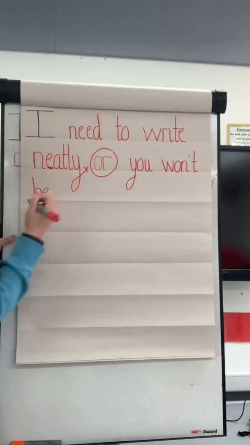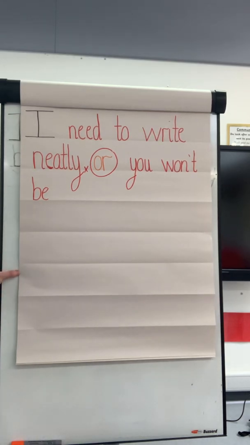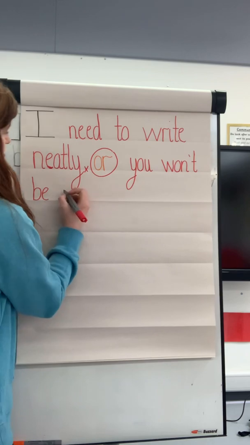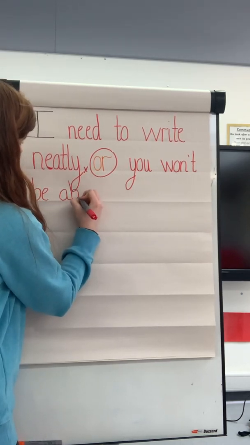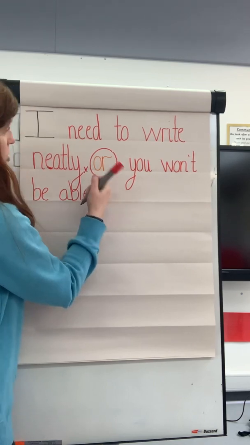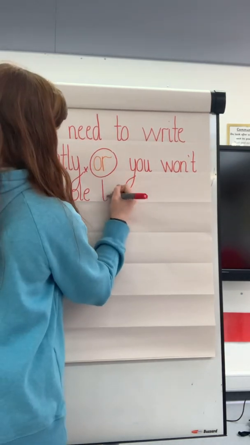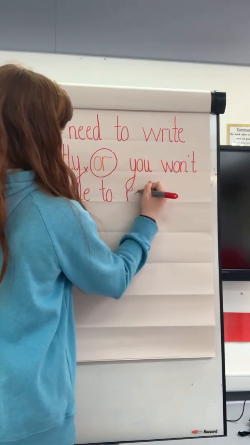And again, as I'm doing this, and as you're doing this, think about your phonics. Think about what you can use to help you. So I need to write neatly, or you won't be able, so I know I've got an A, B, and then all is L and E on the end. Or you won't be able to read. E is in eat my peas.